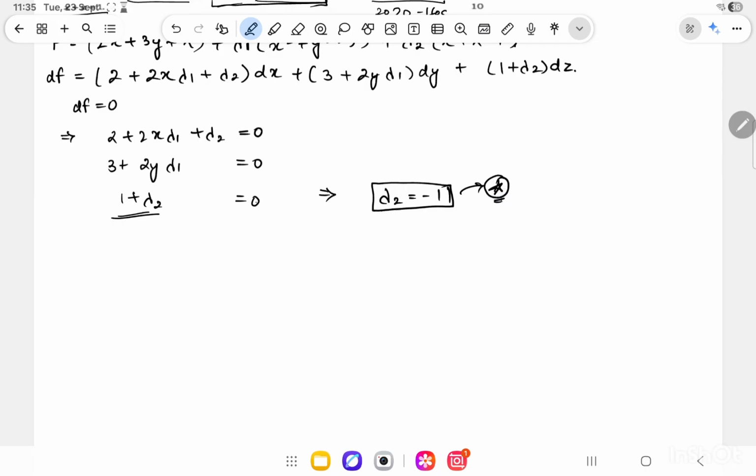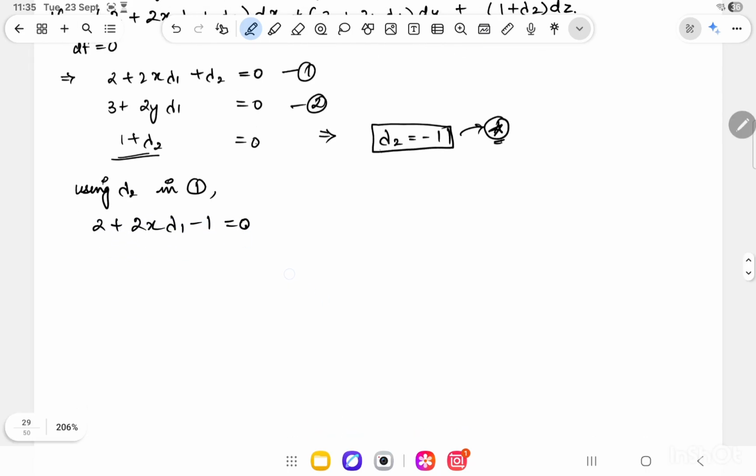If I substitute the value of lambda 2 in equation 1, I'll get 2 plus 2x lambda 1 minus 1 equals 0. From here I can find x in terms of lambda 1, which will be x equals minus 1 by 2 lambda 1.